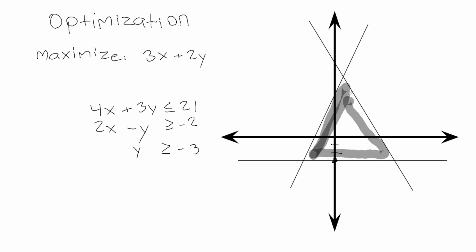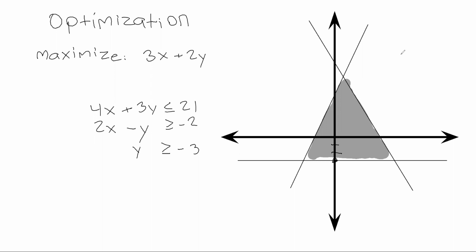This triangular region formed by the intersection of our three inequality lines. So what this means is that we cannot pick a value outside of our triangle. We can't pick this, for example, or that. Our values must come strictly from inside the triangle.